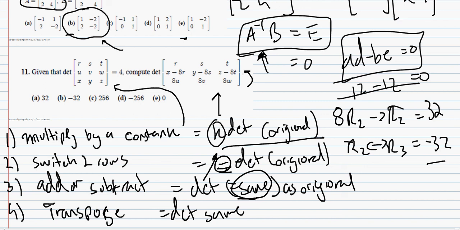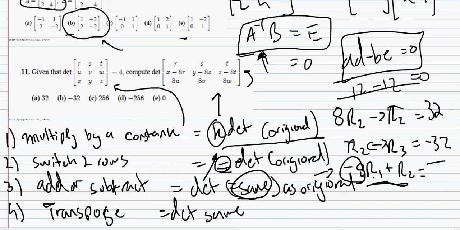What they also did was add -8 times R1 plus row 2. It's row 2 now because they switched. Remember what I said about adding: regardless of the multiple, the determinant doesn't change. It's only if you multiply a single row that it does change.